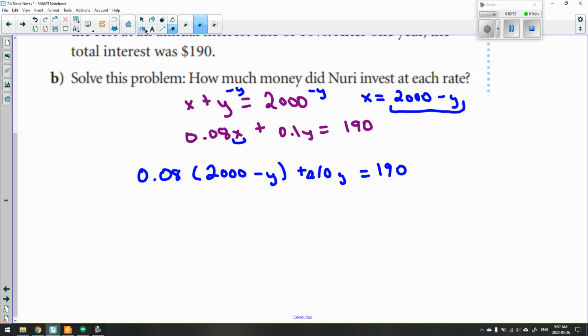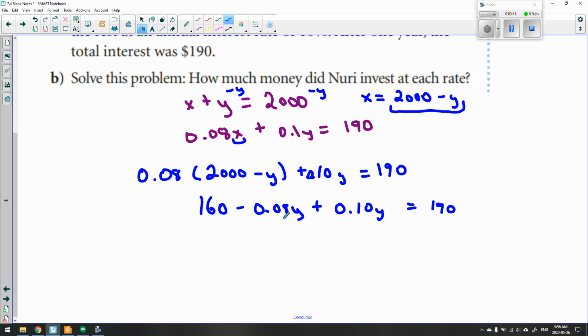Let's try that again. So 0.08 times 2,000 is 160 minus 0.08 Y plus 0.10 Y equal to 190.